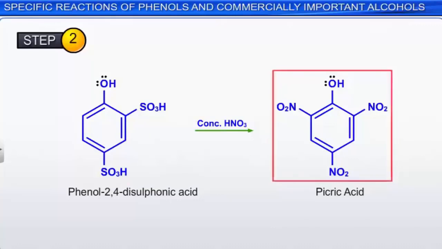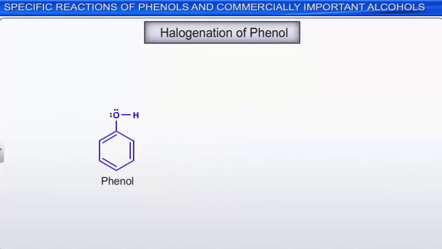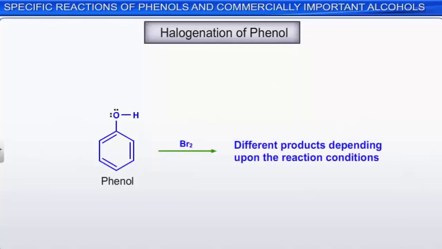Phenol also undergoes halogenation reactions. The reaction of phenol with bromine gives different products depending on the reaction conditions. Let's look at this in more detail.